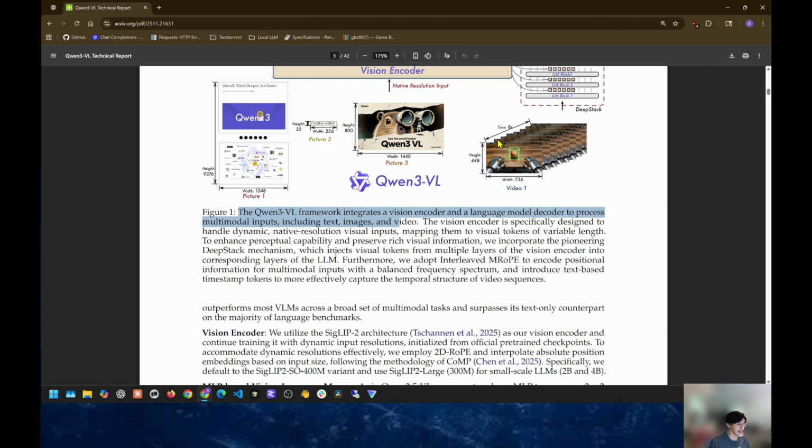Huh. Okay. The vision encoder is specifically designed to handle dynamic native resolution visual inputs, mapping them to vision tokens of variable length. To enhance perceptual capability and preserve rich visual information, we incorporate the pioneering DeepStack mechanism, which injects visual tokens from multiple layers of the vision encoder into the corresponding layers of the LLM.